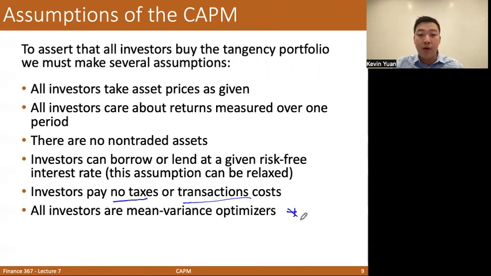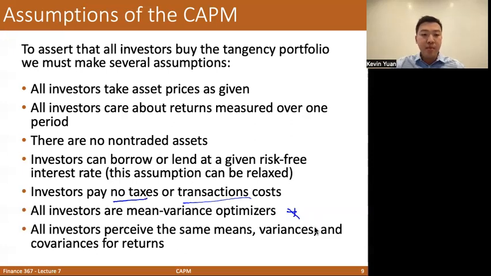This is what we talked about earlier, where investors care about two parameters. They care about expected returns, which they like, and they dislike risk as given by standard deviation. And all investors perceive the same means, variances, and covariances for returns. What I mean by that is, if everyone's looking at Apple stock, we can all agree on the return on Apple stock, right? There won't be any confusion where you think that the return of Apple stock is 8% and I think it's 6%.